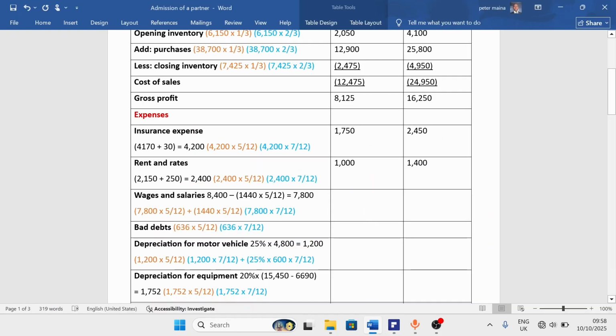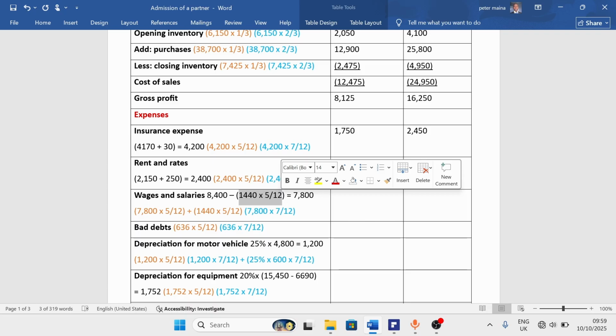So that is what we are doing here. 1440, you multiply by 5, you divide by 12, that will give you Carol's salary for the first 5 months. So once you divide by 12, it gives you 120. Then when you multiply 120 by 5, it gives you 600.